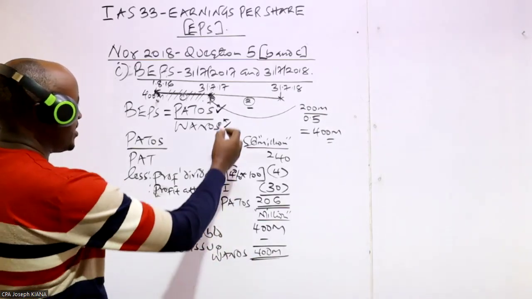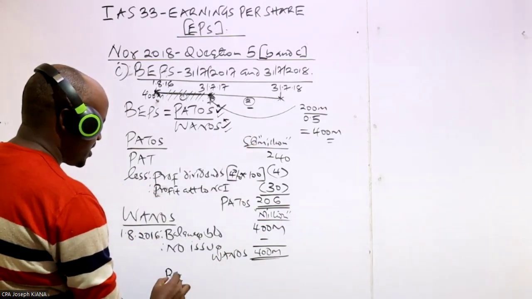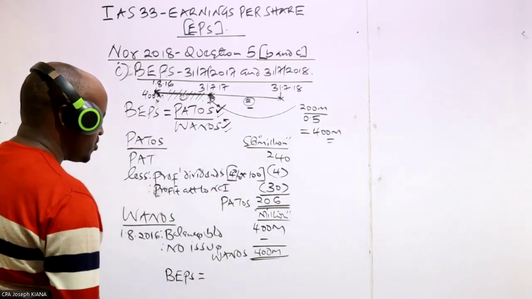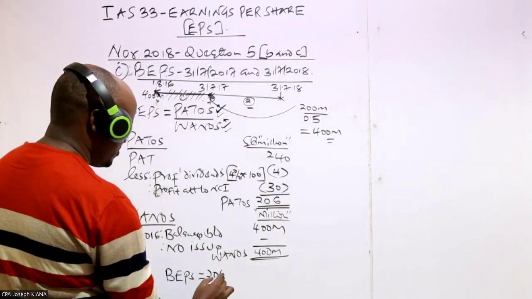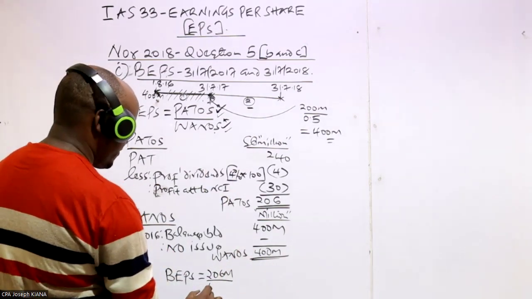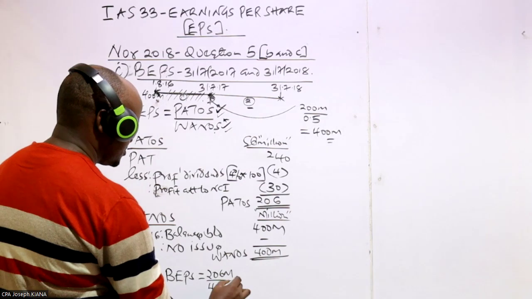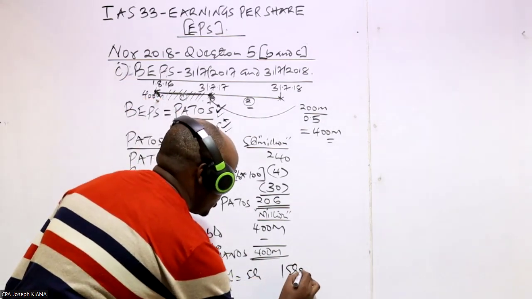So, having those two figures, we can then proceed and compute the basic earnings per share, which will be equal to the PATOS, which we have here, 206 million, divided by the weighted average number of ordinary shares, which we have here, 400 million. And the answer which we get here, we give it as shillings per share.